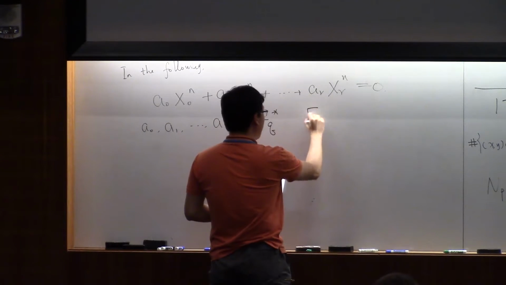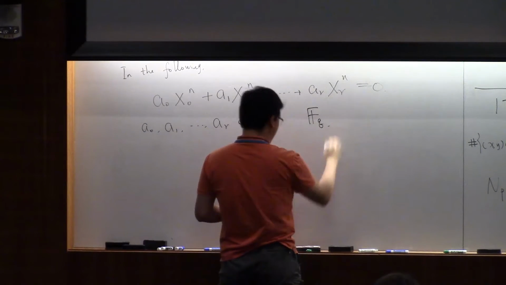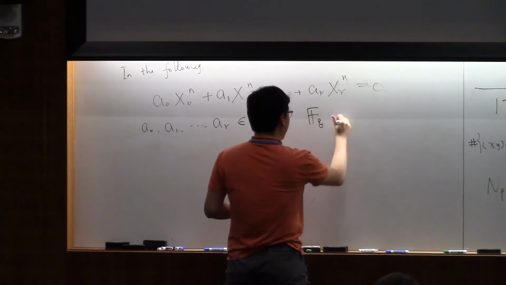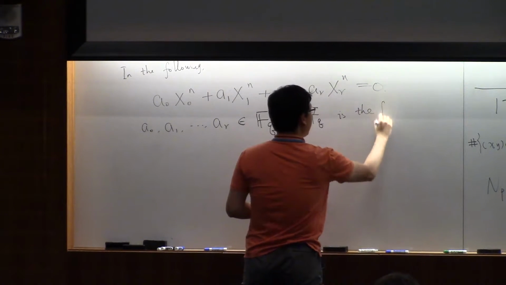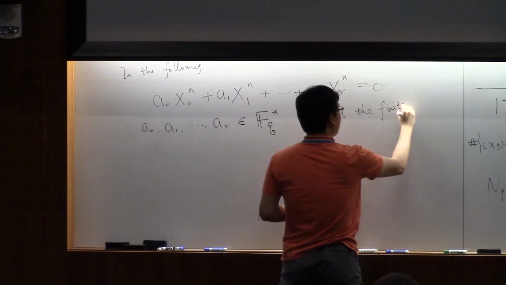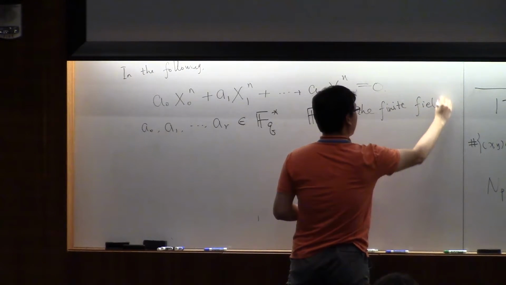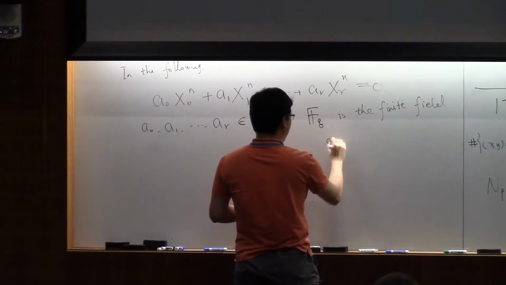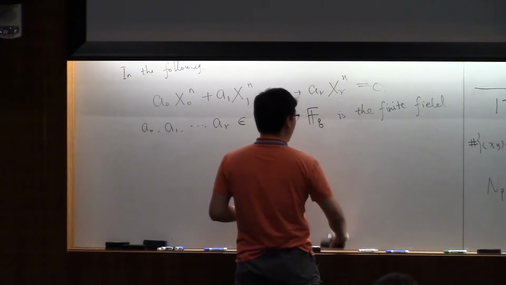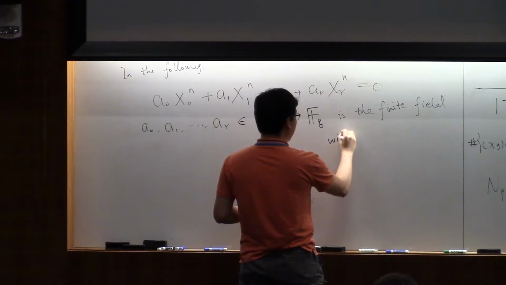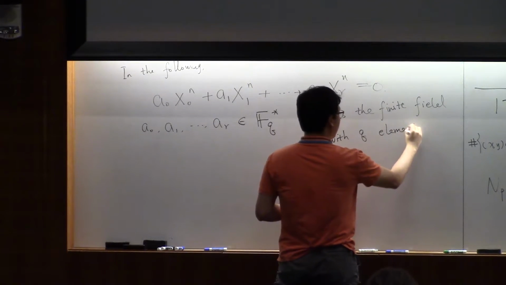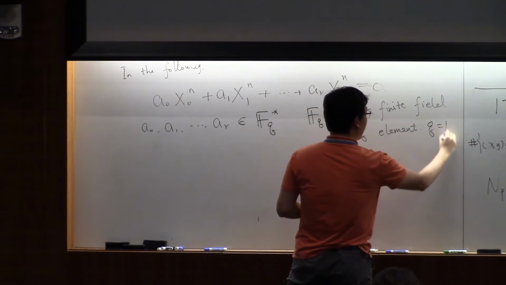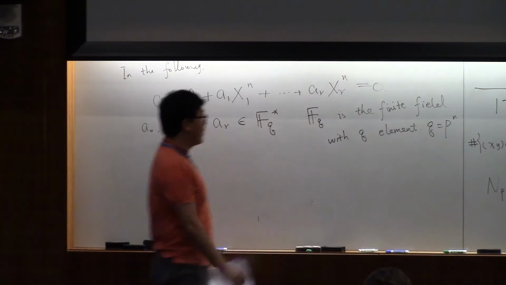Here Fq is the finite field with q elements, and q is a power of the prime p.